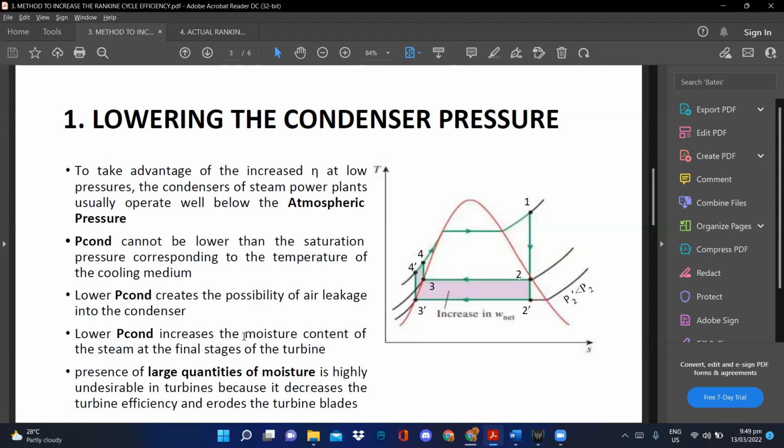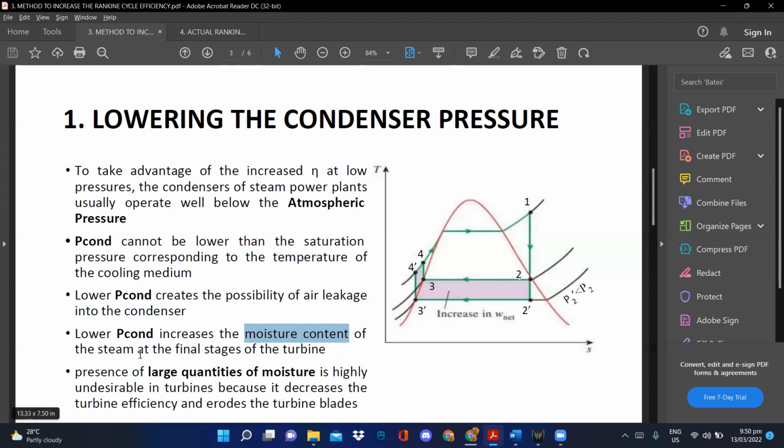So the vapor is the quality, and the liquid is the moisture content. It is better to have more moisture content rather than quality in a condenser.